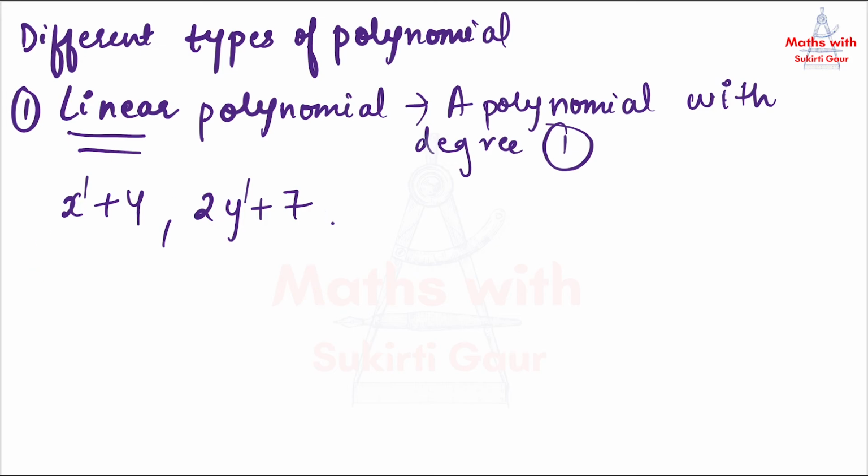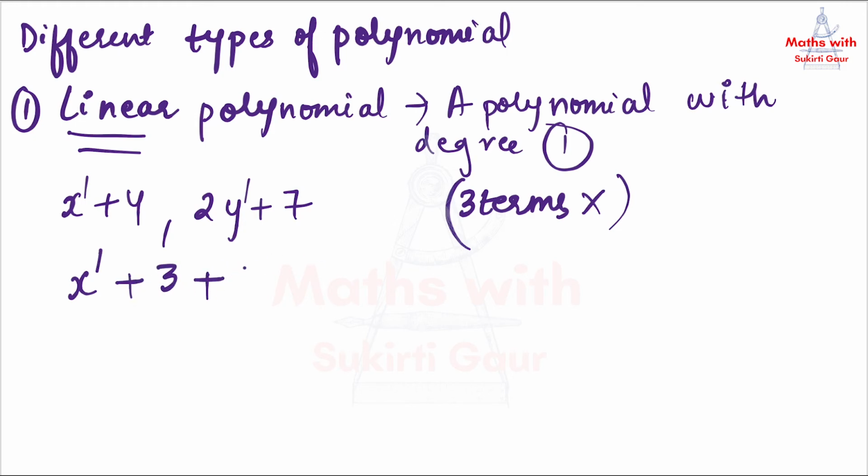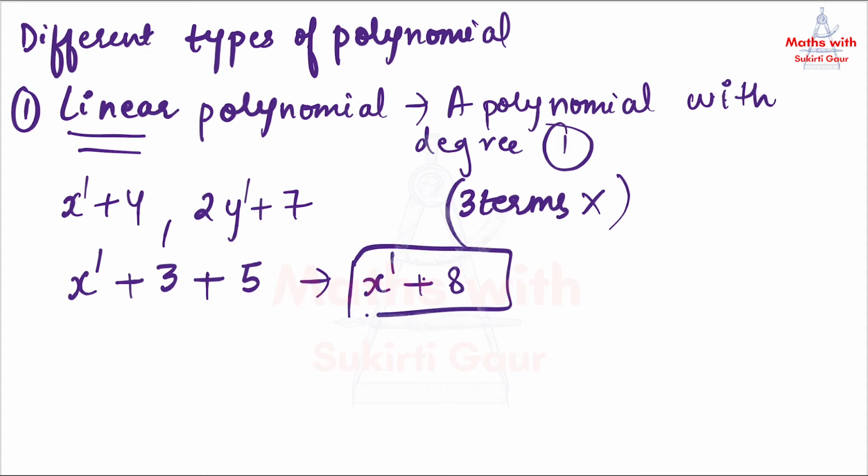It is not possible to have 3 terms in a linear polynomial, because if I try to write a 3-termed linear polynomial, it will be like x to the power 1 plus 3 plus 5, I say. It is nothing but x to the power 1 plus 8. So again we are going to have 2 terms only.